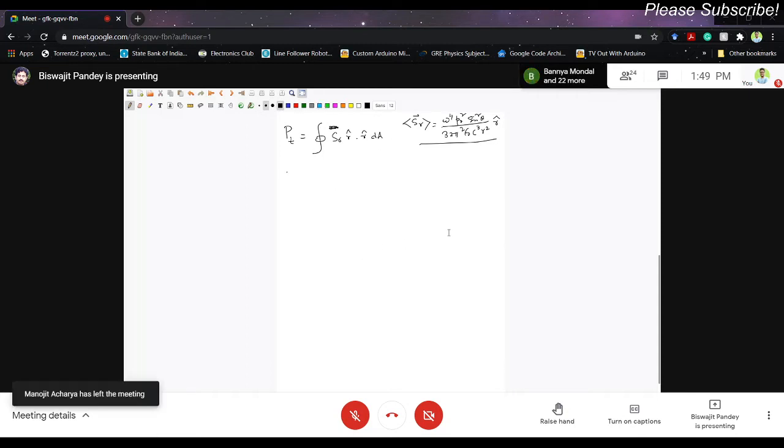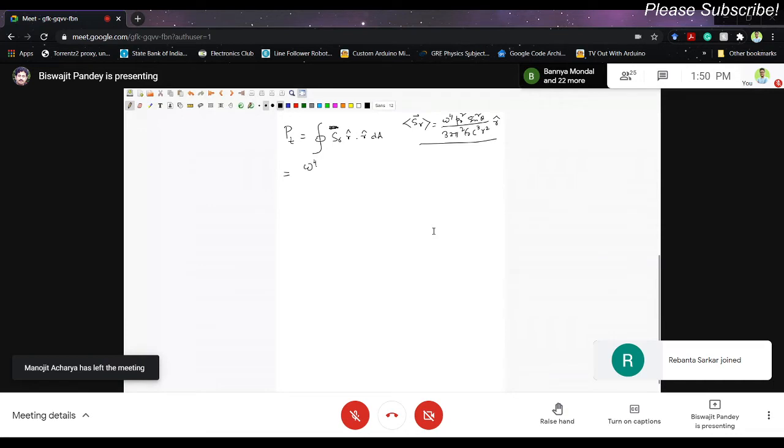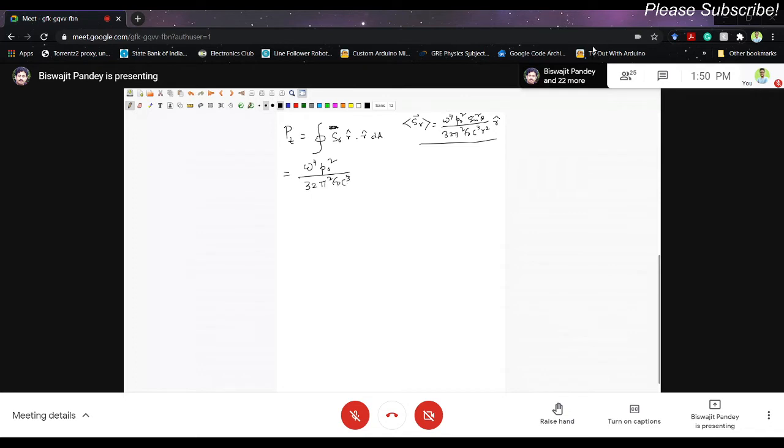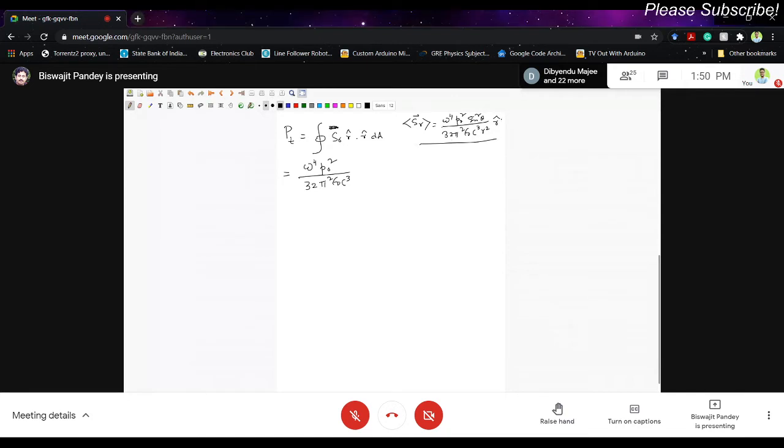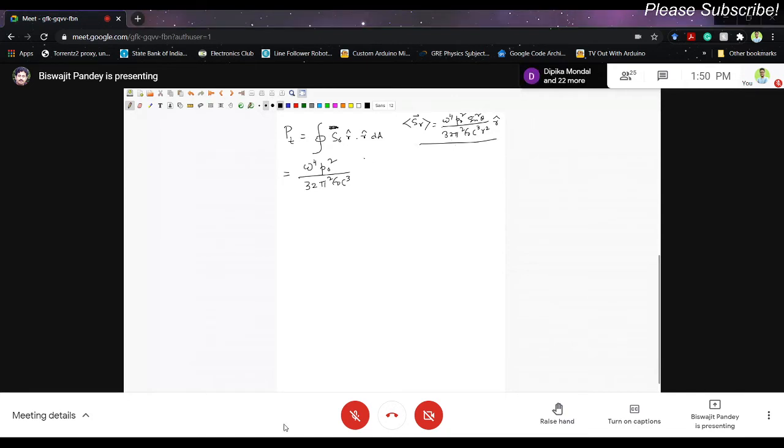If you do that, you will get omega to the power 4 p0 square over 32 pi square epsilon 0 c cube. There is r square here. I'm not writing again. dA equal to r square sine theta d theta d phi. So r square gets cancelled, and you have an integral from 0 to pi, 0 to 2 pi, and you have a sine square theta here.